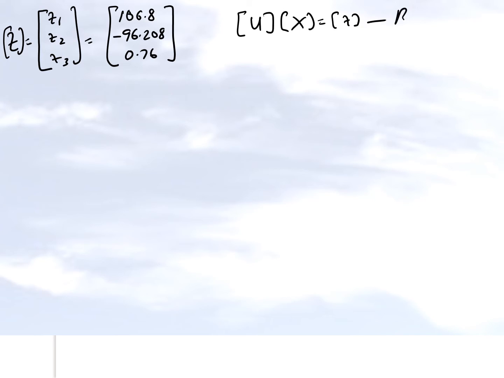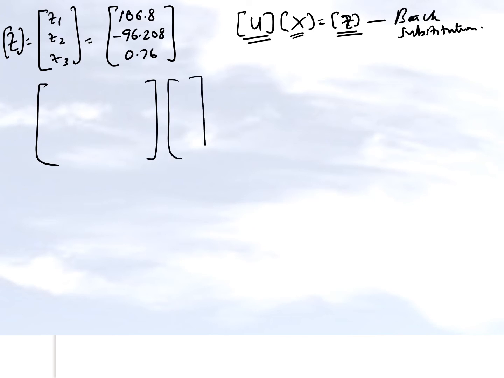So that's back substitution. We already know what U is. We just found out what Z is, so we can find out what X is. So if we write down our equations for UX equal to Z, this is what it's going to look like.